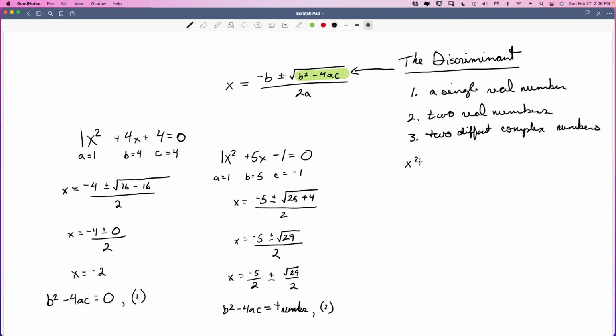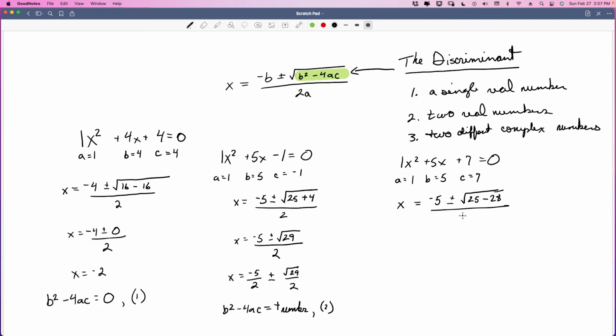So if we have x squared plus 5x plus 7 equals 0, we know this is a 1. So a is equal to 1, b is equal to 5, c is equal to 7, right? So we'll drop that into our quadratic formula, and we get negative 5 plus or minus the square root of 25 minus, and we have 4 times a, which is 4, times c, which is 7, that's 28, right?